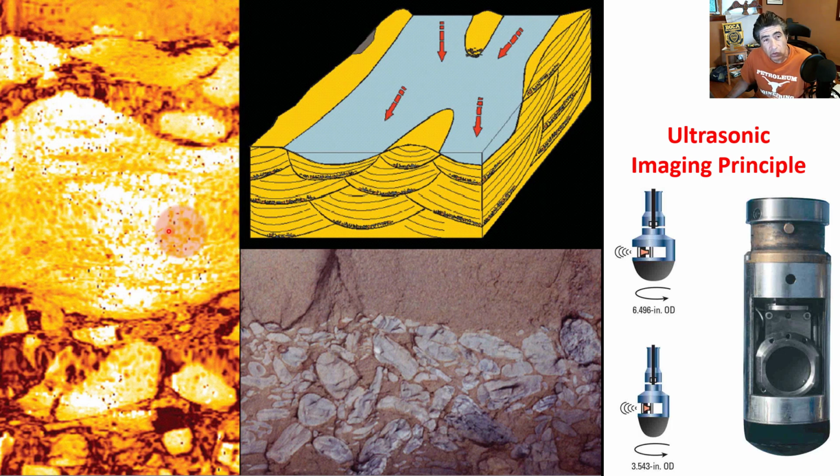The reason why we can see the differences between grains and not grains is because we have a contrast in acoustic impedance. If we didn't have a contrast in acoustic impedance, we would not be able to differentiate these materials from the borehole image.